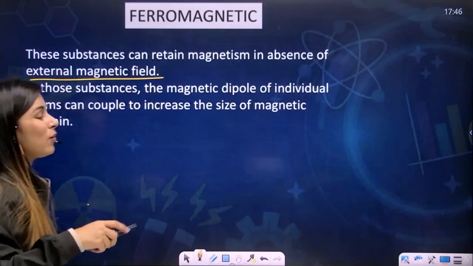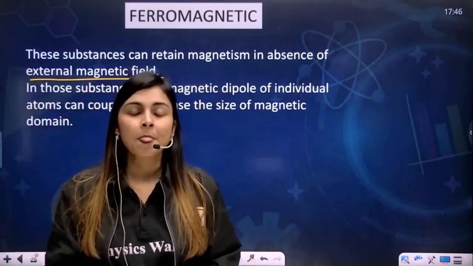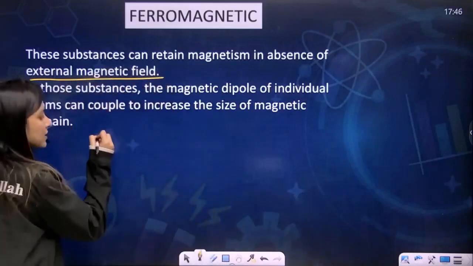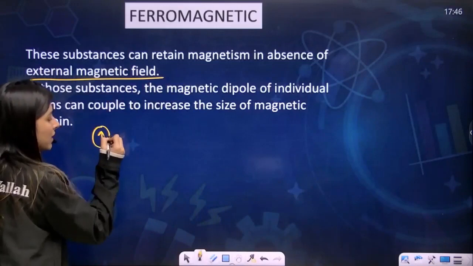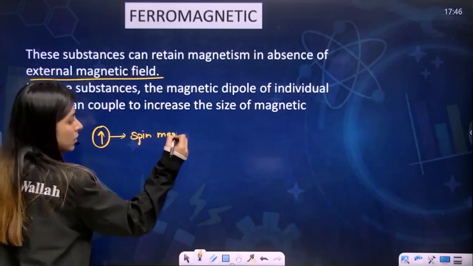Now let's talk about why this happens. In ferromagnetic substances, initially we were discussing spin magnetic moment. This one single is known as spin magnetic moment.